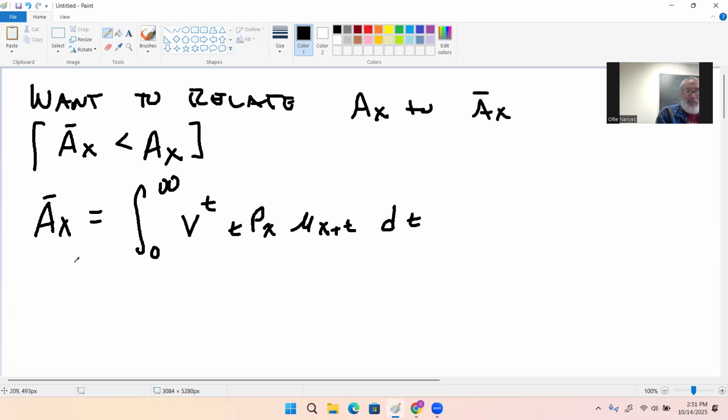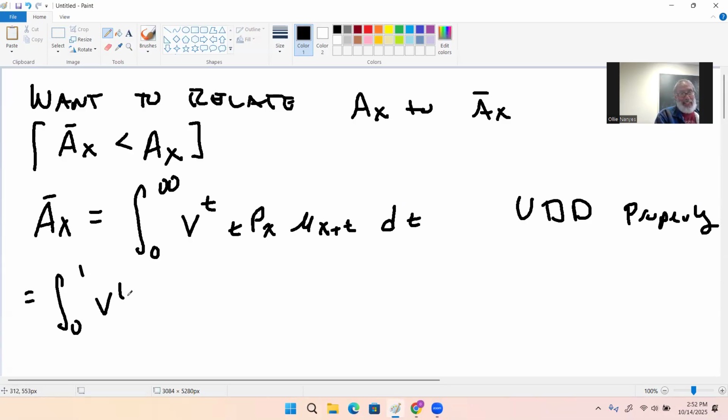Now, the next thing that's convenient to do, we're going to use the uniform distribution of death property. What we want to do is break this down into 1-year increments, because that's when that applies.